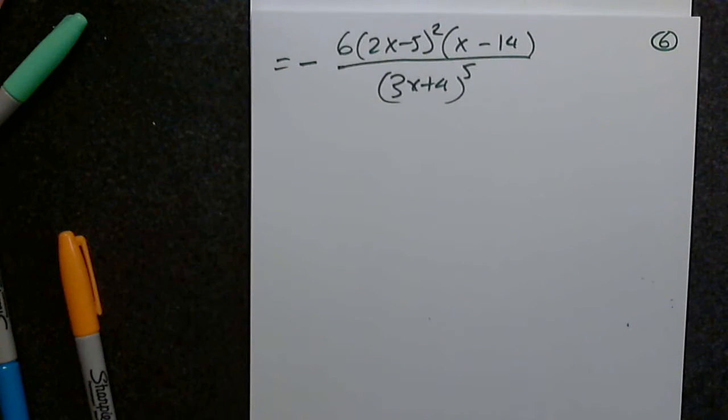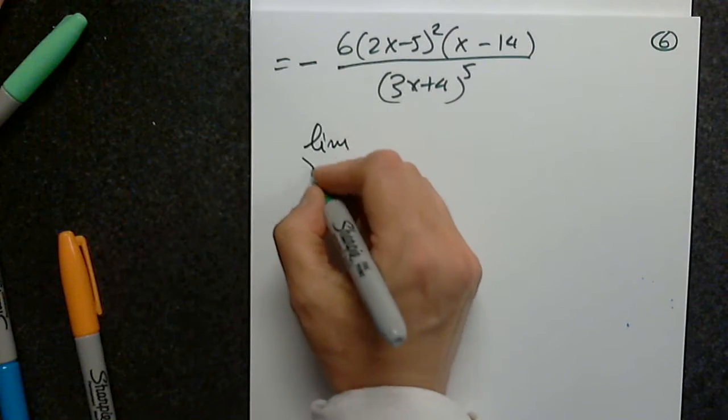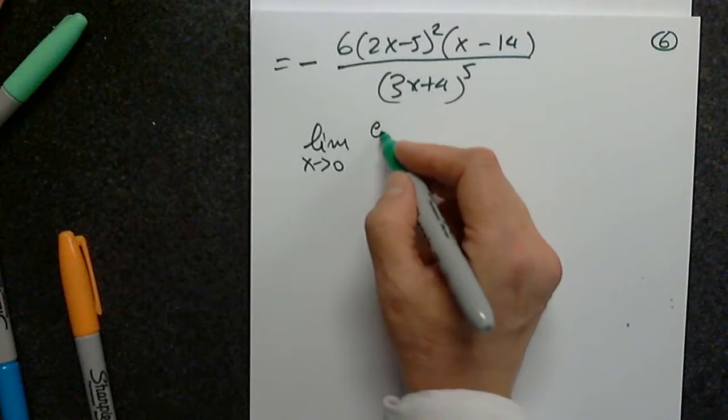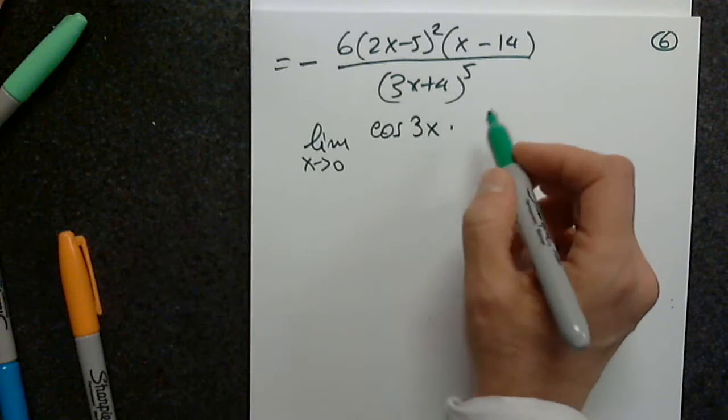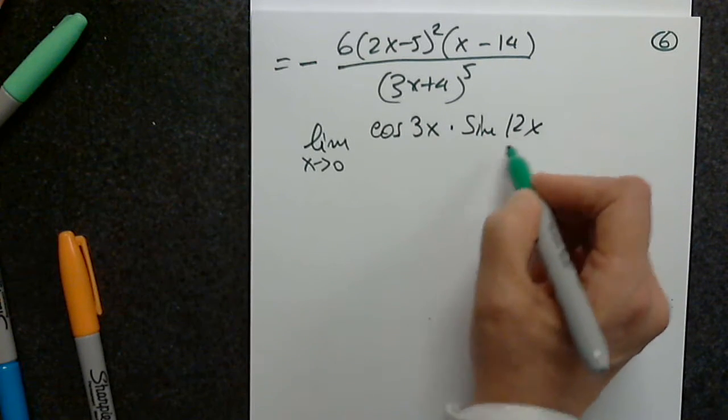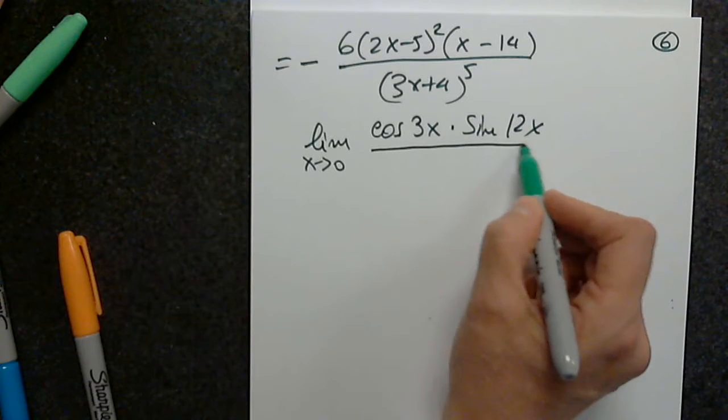Okay, let's do the limit first. We accomplished everything else. Let's do the limit and then the long problem with the particle. So let's work on the limit as x approaches 0 of cosine 3x times sine 12x divided by 4x.